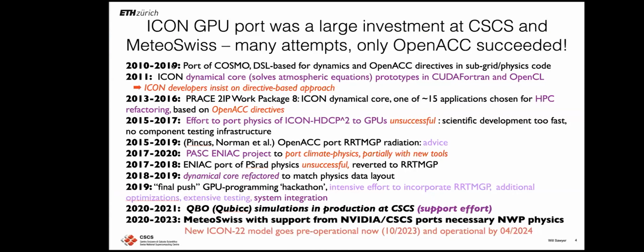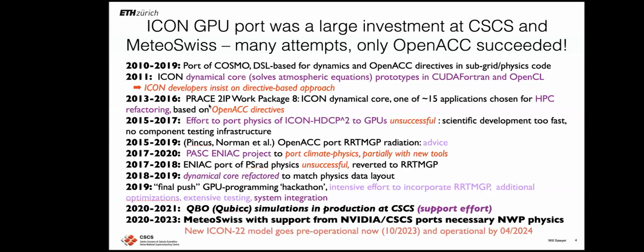The ICON story is a bit longer and more complex. It started with, we were all in full swing of developing new implementations of the dynamical core. So we worked on the dynamical core of ICON with CUDA, Fortran, and OpenCL, but then the developers insisted that we stay on a directive-based approach.